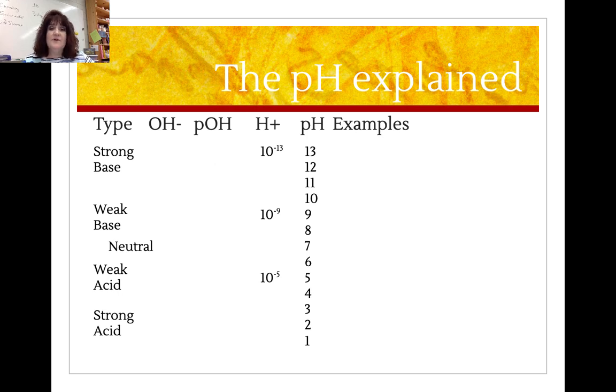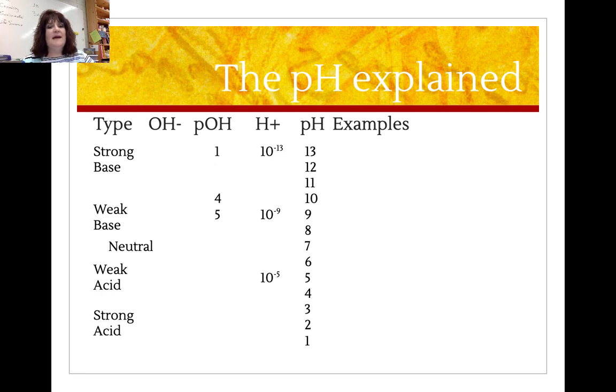Okay, now we're going to pOH. Since the scale goes from 0 to 14, the pH and the pOH add to be 14. So the pOH of a pH of 13 is 1. The pOH of a pH of 10 is 4.